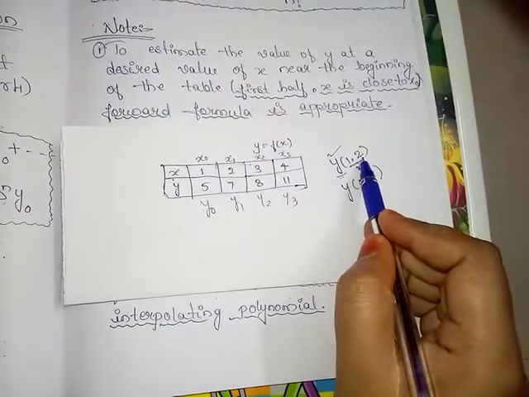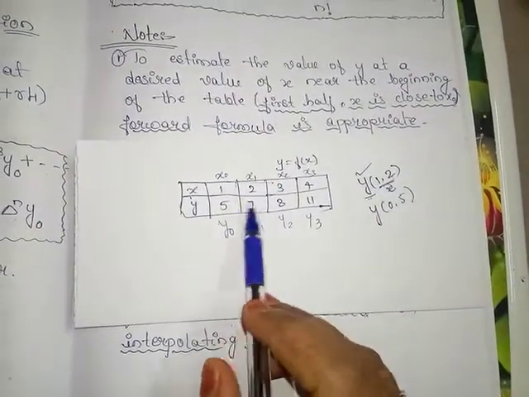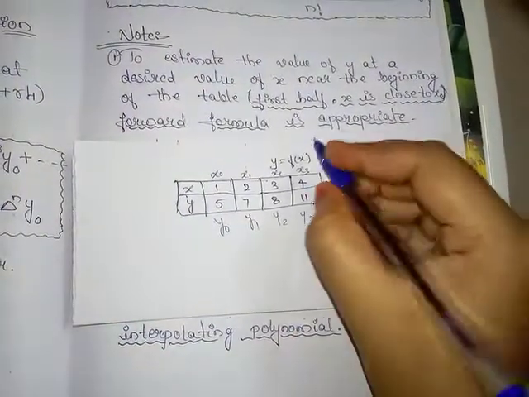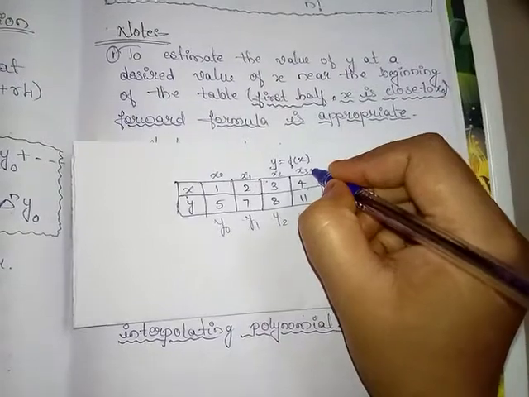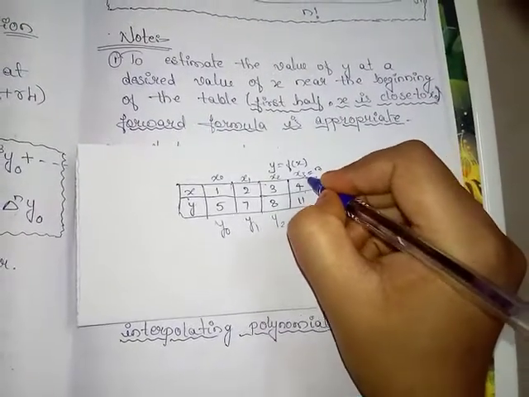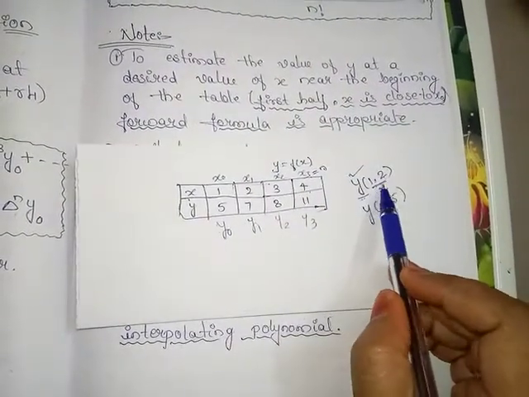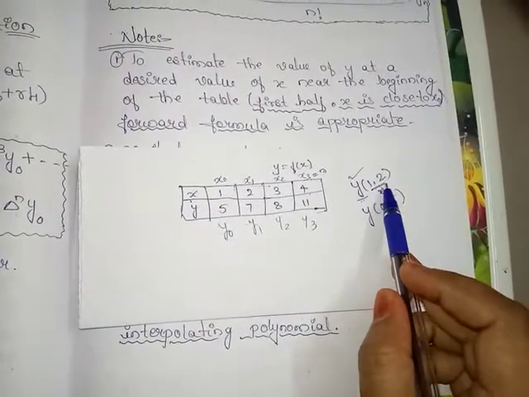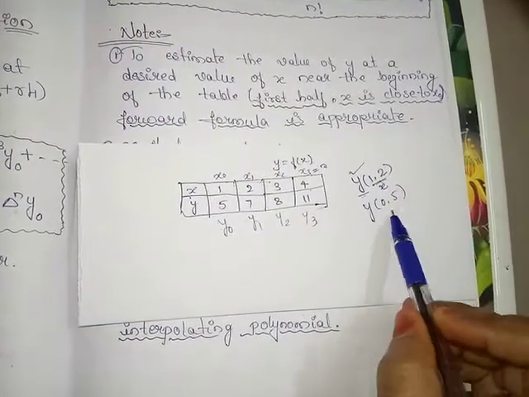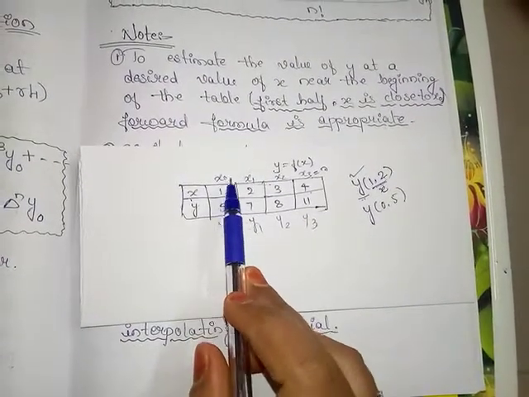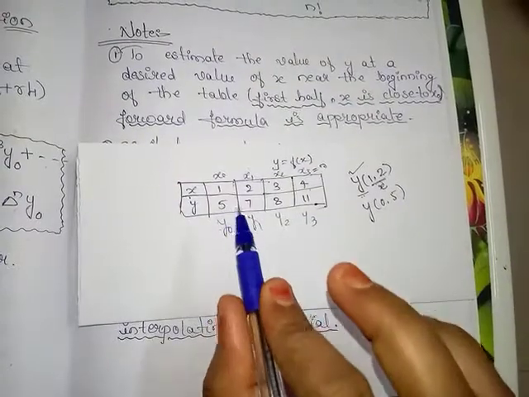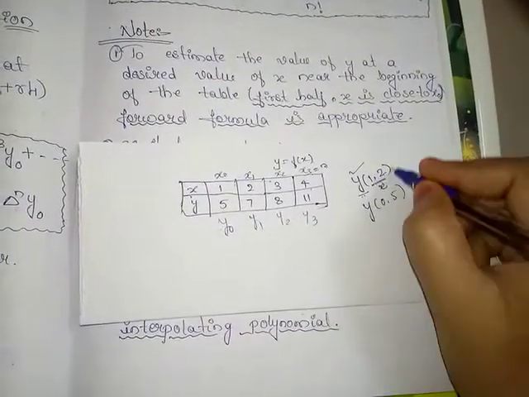See, this 1.2 is either near to x naught or near to xn. Here the n value is what? Our end point is 3. Therefore n is 3 here. See whether this 1.2 is near to x naught or xn. Here this 1.2 or 0.5, both are near to x naught. Near x naught means we have to apply forward for these two.